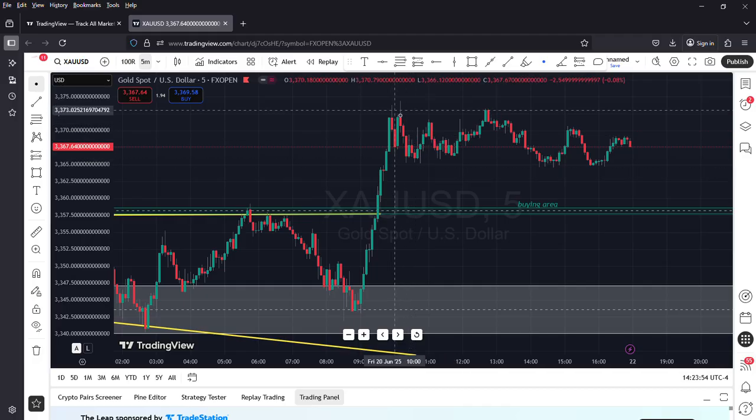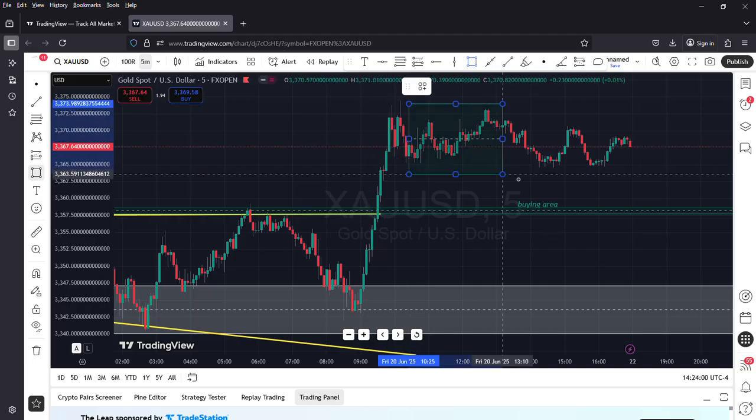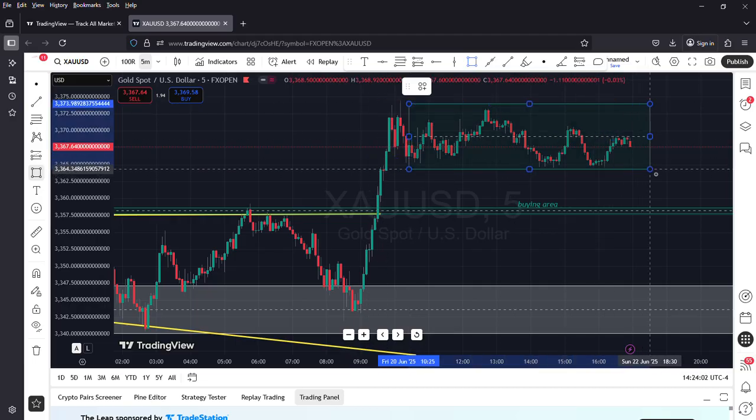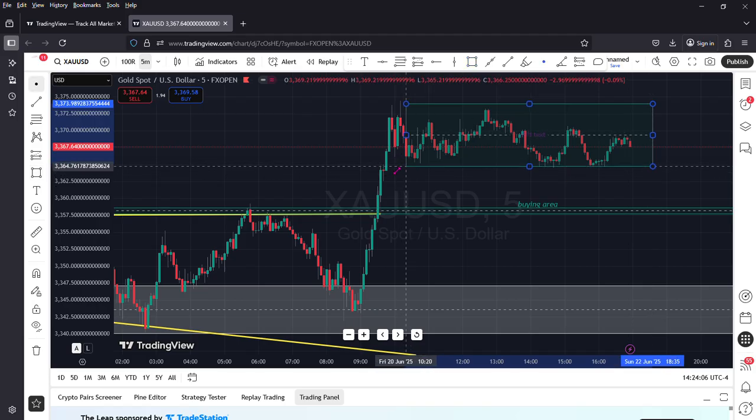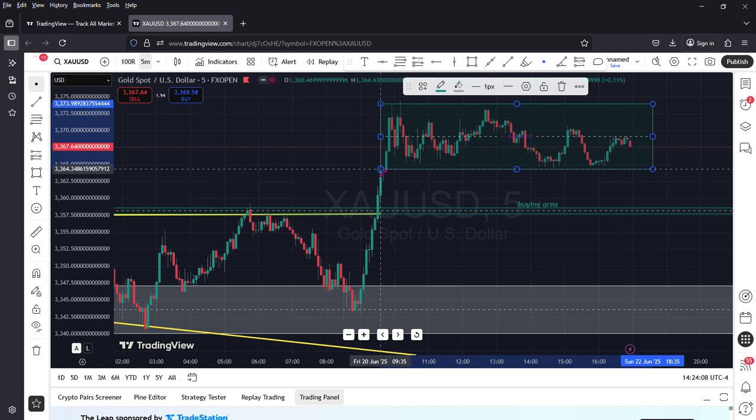We can see that in this 15 minutes, the market was creating something like a tight range. If the market breaks out from this range to the downside, the next zone it is coming to is this area. If it breaks with the body of the candle, that means we are not trading.